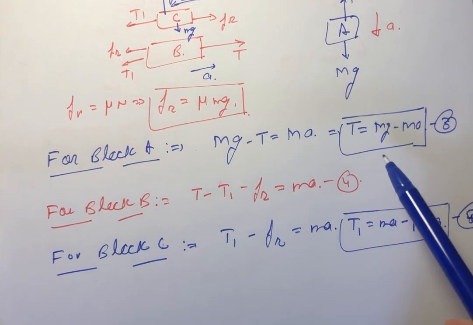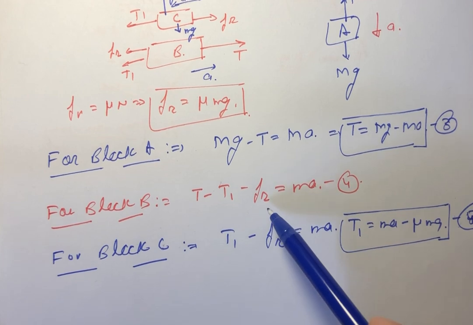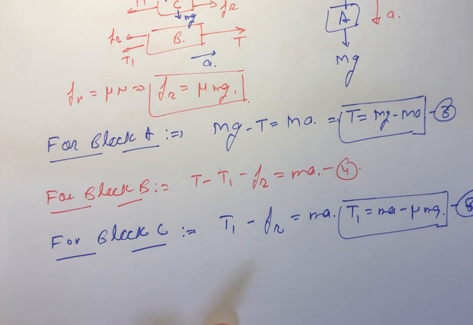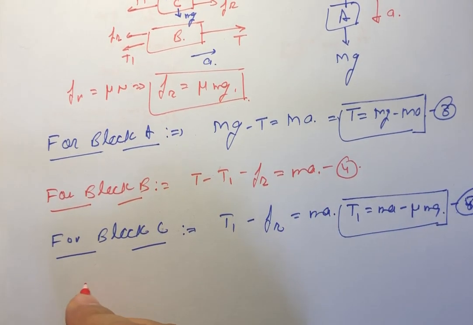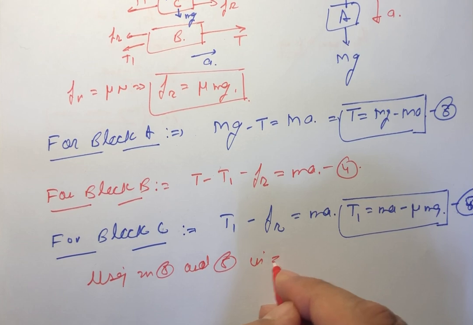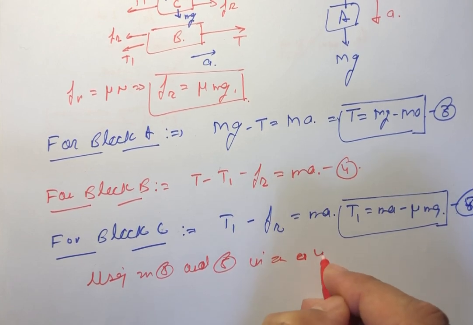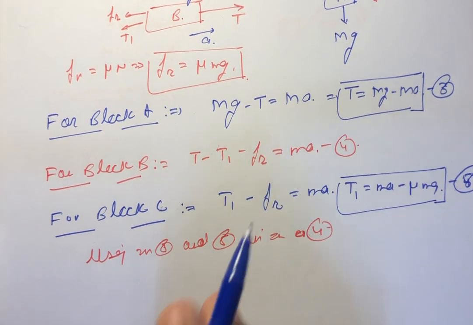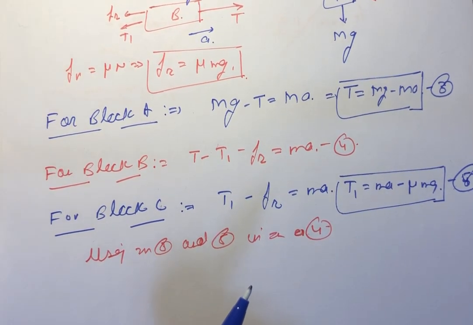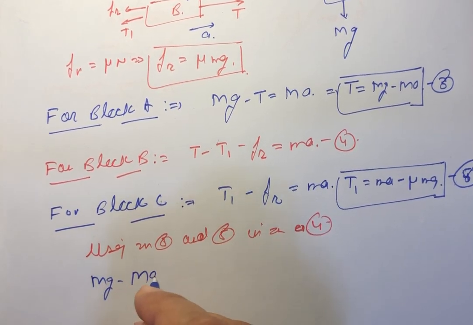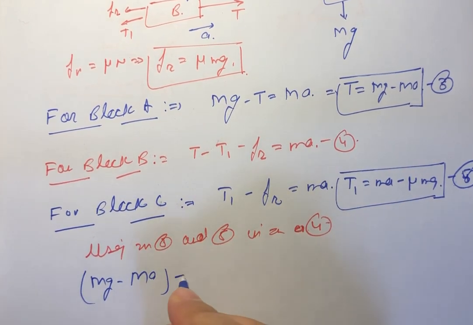Now we take the value of T, T1 and FR and substitute it in equation number 4. So we write, using equation 3 and 5 in equation 4, the value of T was equal to mg minus ma, so we write mg minus ma, and we have minus of T1.